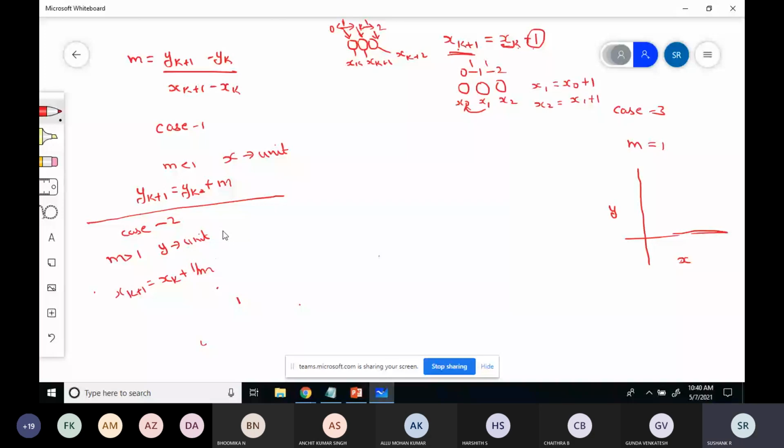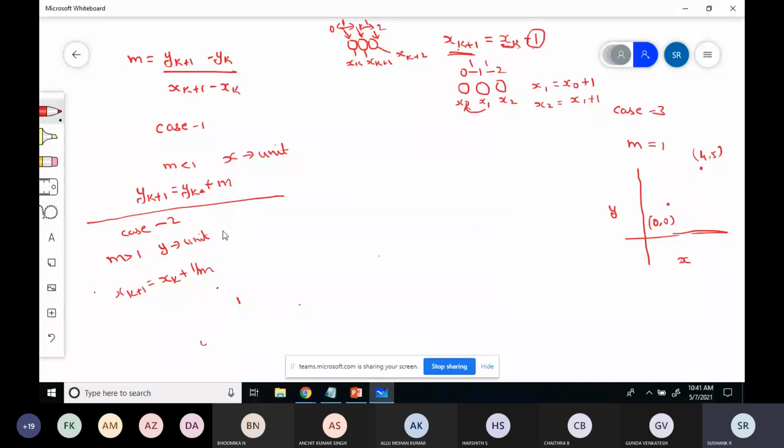We'll take two random points. We'll take one point as 0 comma 0. This will be at the origin, but I'm writing it here, and another point as 4 comma 5. So we'll take two points, 0 comma 0 and 4 comma 5.